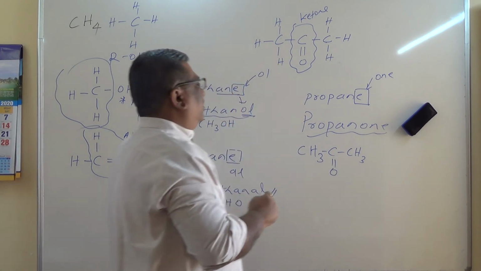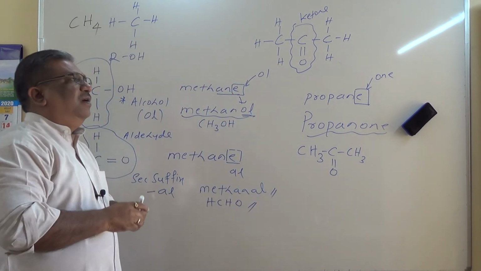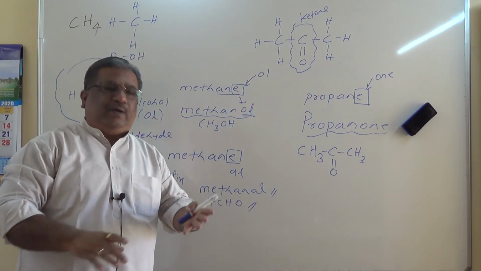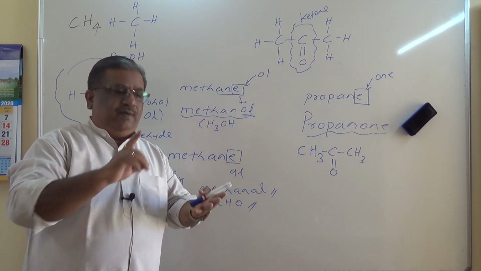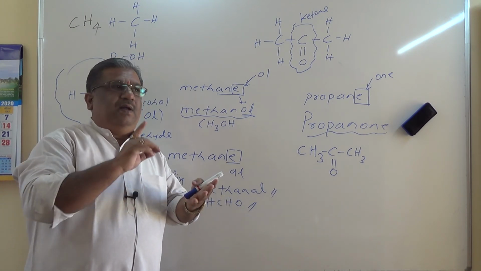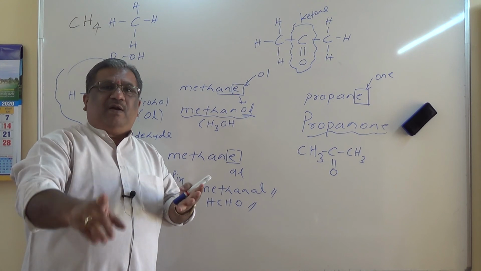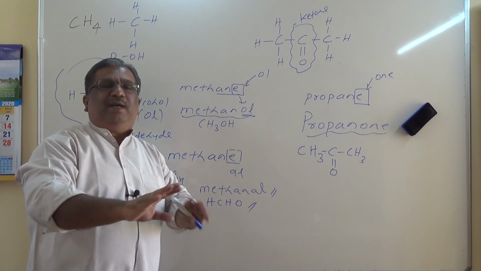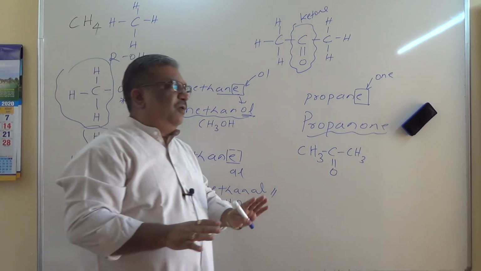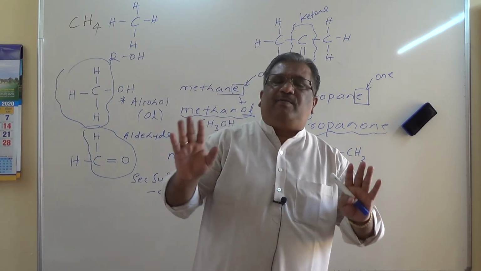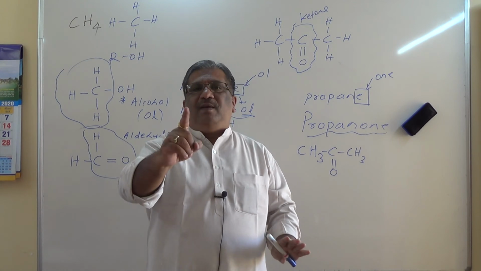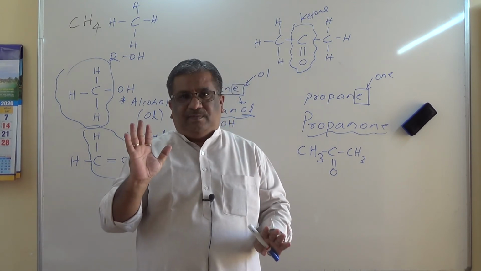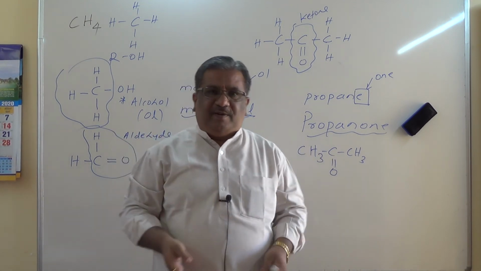Okay, so propanone we say. So, with methane, I could form chloromethane, methanol, but not ketones. I could not form ketones with 1 carbon atom. It is not possible. Therefore, ketones start with propane only, propanone.